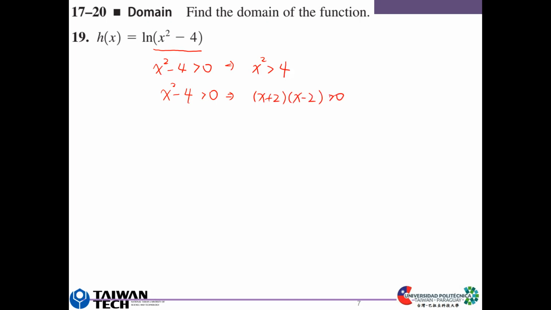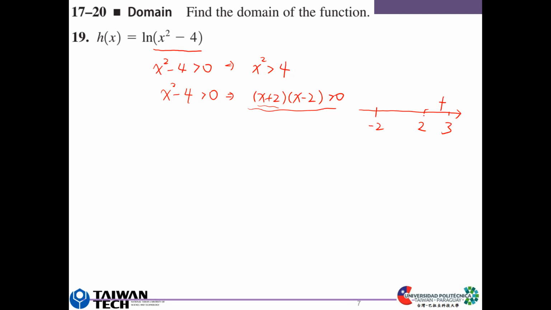To determine the domain of x, we can write on the real axis the points which make it equal 0. They are 2 and minus 2. And then we plug in numbers. For example, if we plug in 3, 3 plus 2 is 5 times 1 larger than 0, so this is plus.